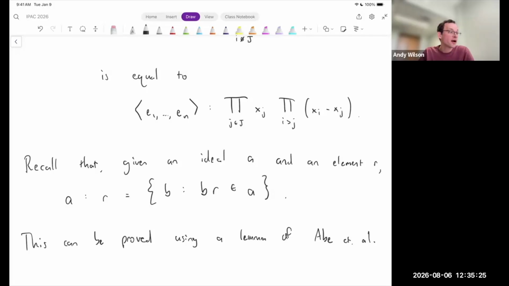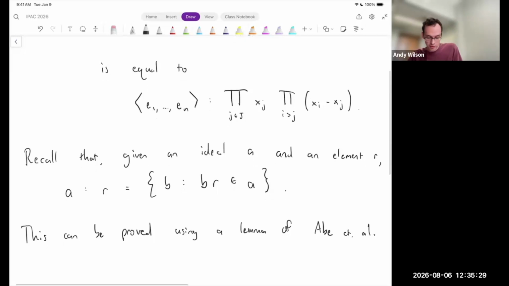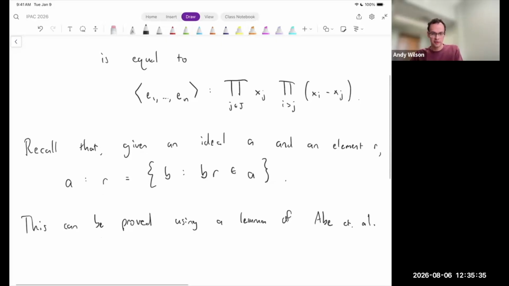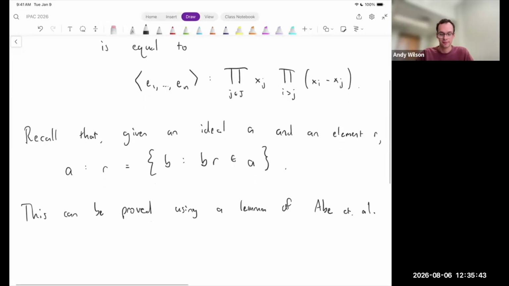I can say out loud who they are: Horiguchi, Masuda, Miyauchi, and Sato. They proved this when they were studying cohomology of Hessenberg varieties. So this is one of the many ways in which this project rhymes with Hessenberg varieties, but doesn't actually intersect in an obvious way.